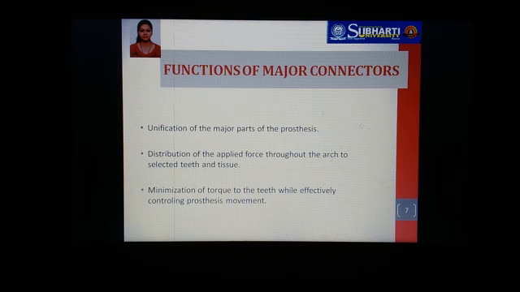Thirdly, minimizing the torque to the teeth while effectively controlling the prosthesis movement. When the forces are dissipated evenly throughout, it minimizes any kind of uneven force or torque to the teeth. Thus, the movement of the prosthesis is under our control.